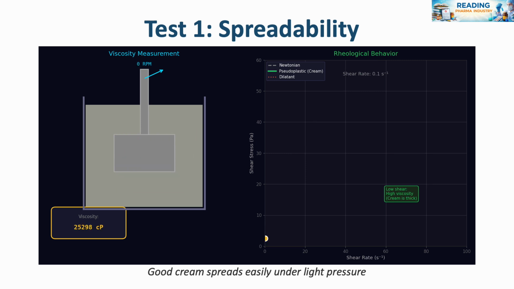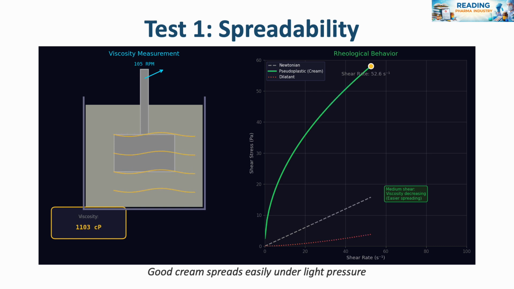What you could have is a drift from this Newtonian behavior, which is the dilatant kind of behavior, and in this case it is exponential. If you look at the red line, this is exponential. Basically, if you increase the shear, that will increase the viscosity. And the opposite is with the pseudoplastic. If you increase the shear on the cream, that will reduce the viscosity. So this is the kind of behavior we often see with creams. So it's a pseudoplastic behavior.